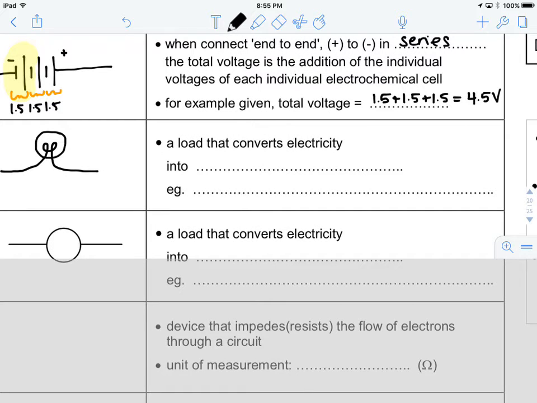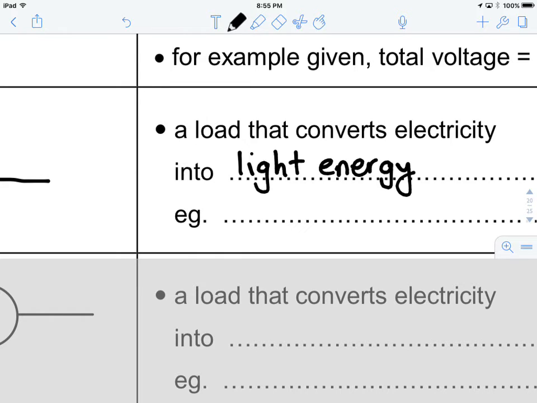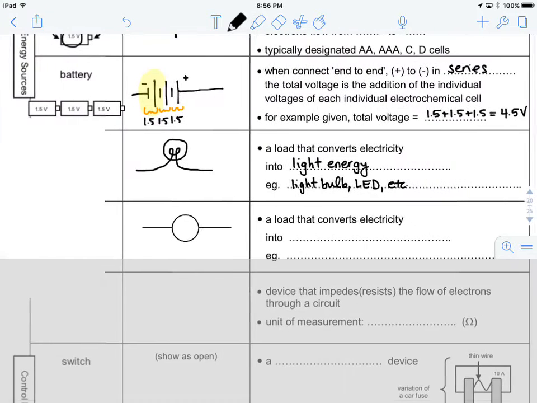This is a load that converts electricity into, of course, light energy. An example of this would be a light bulb, or an LED, etc. Okay, so these are all examples.